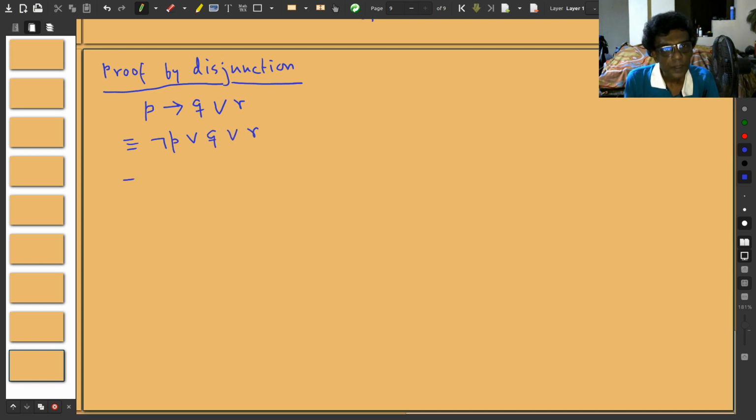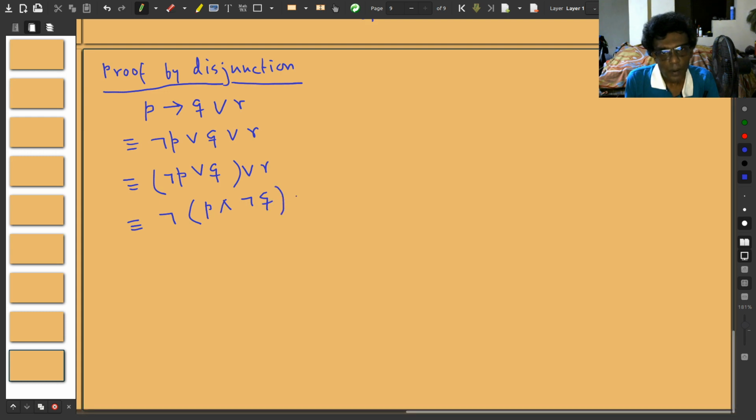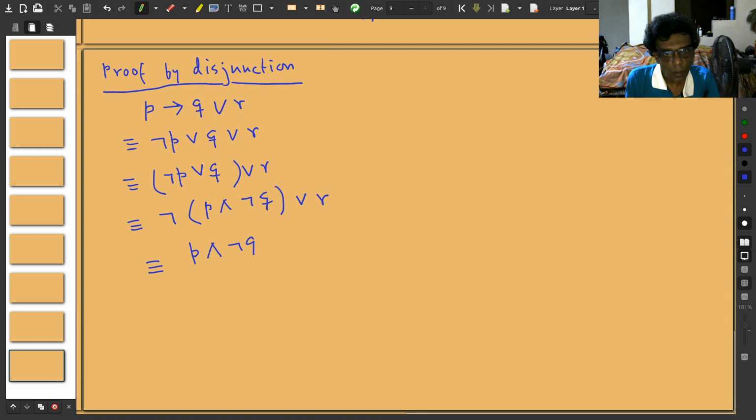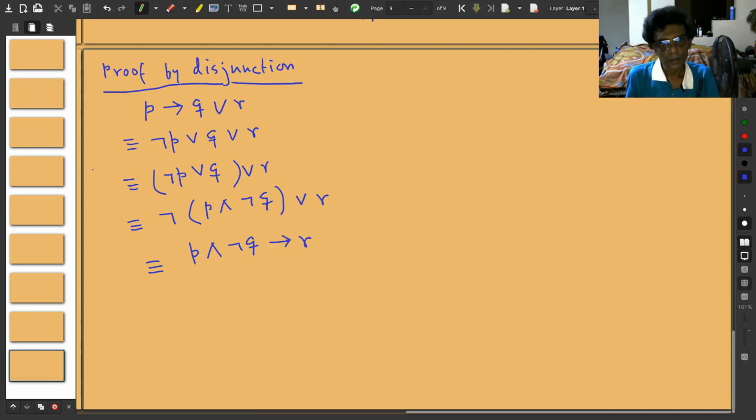If I now look at this part, not P or Q, just I put in bracket, this can be written as P and not Q, or R. So this is equivalent, in turn, to P and not Q implies R. Okay.